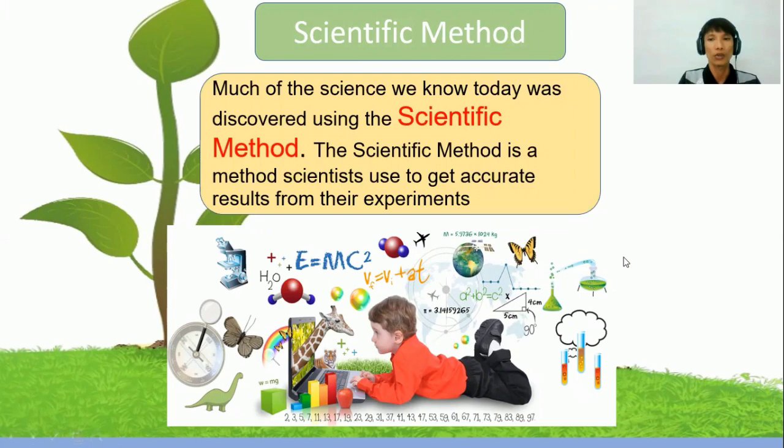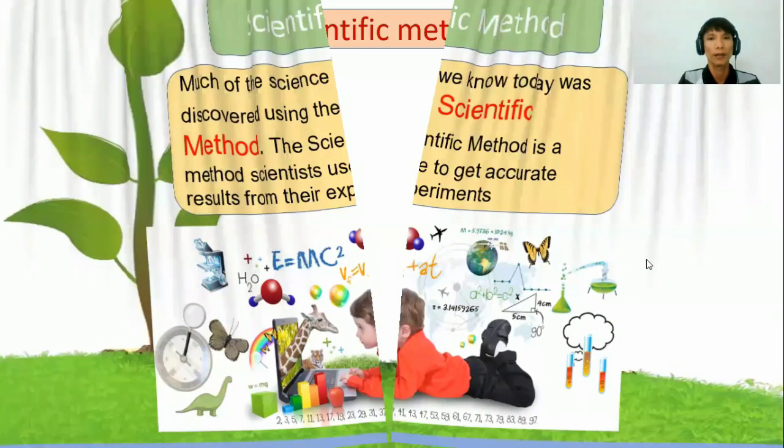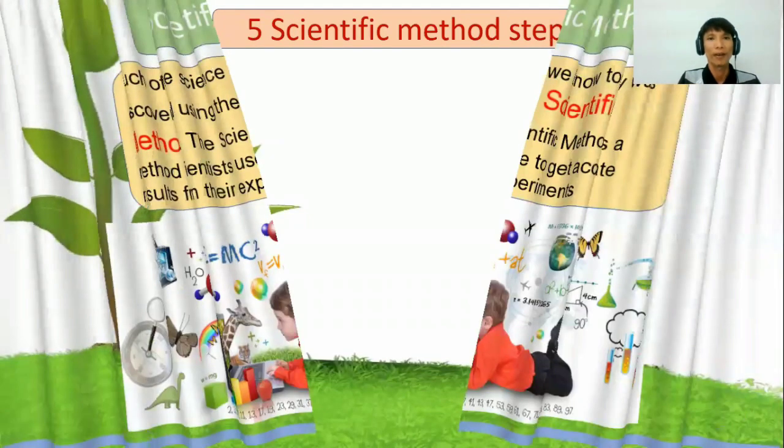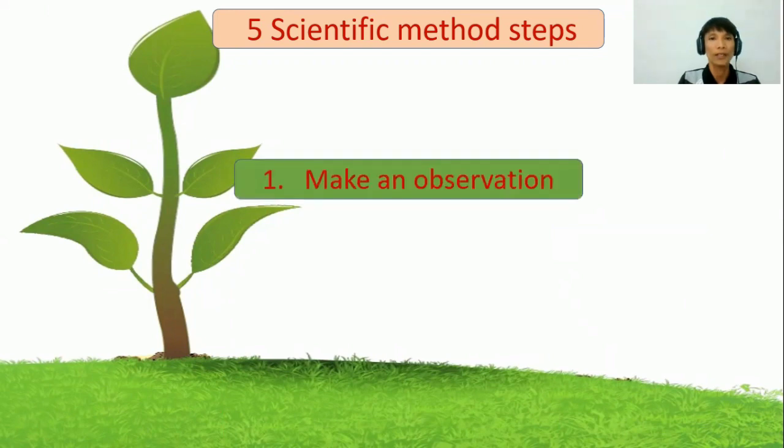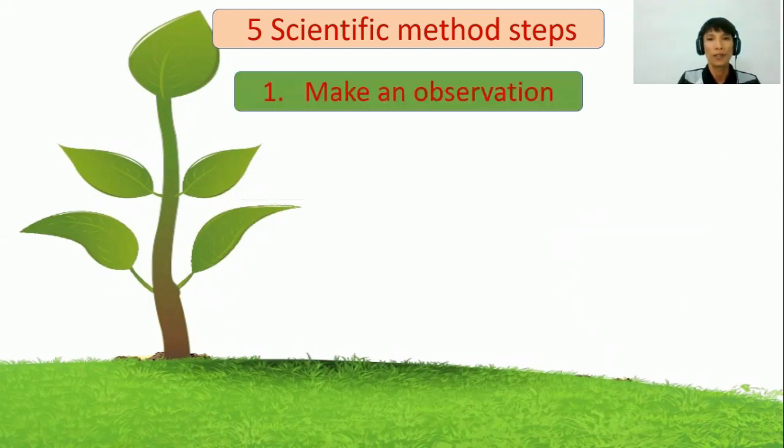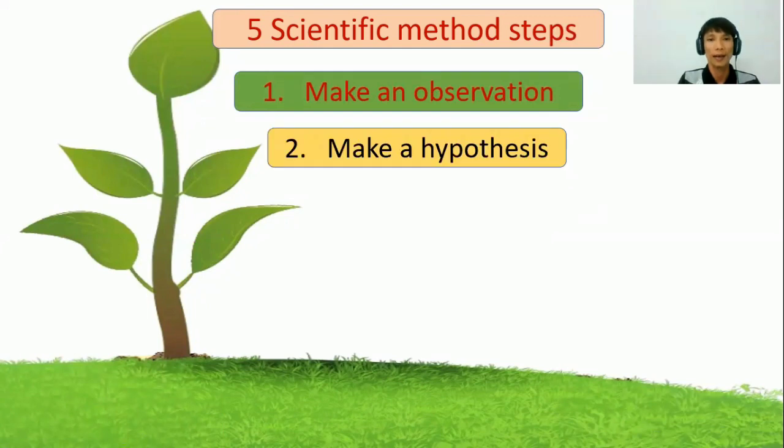So in the next picture, we have the 5 scientific method steps. I repeat, 5 scientific method steps. The first is make an observation. The second is make a hypothesis.